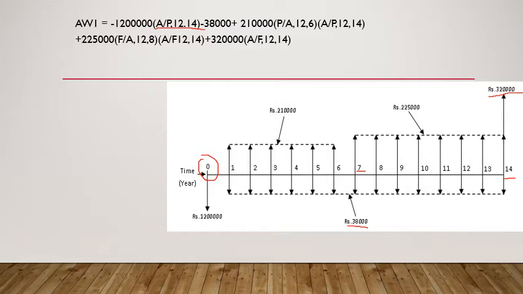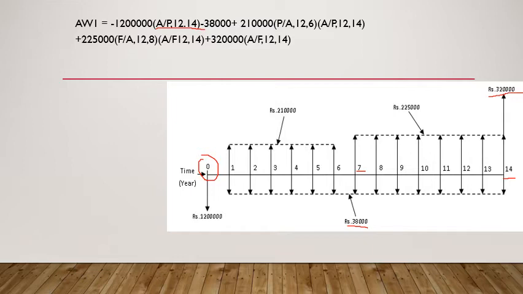Minus 38,000, there is no problem because it is flowing uniformly throughout its life period. Then 2 lakh 10,000. It is A of course, but it's only for 6 years. So what is my intention?